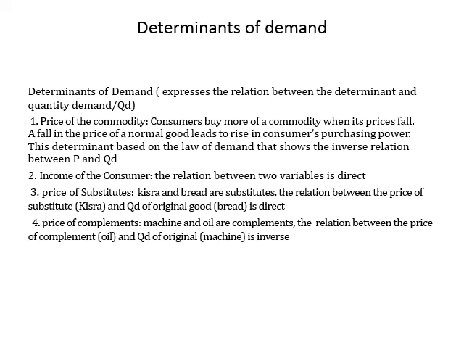High price of Kisra leads to high quantity of bread. Low price of Kisra leads to low quantity of bread. Therefore, the relation between the price of Kisra and quantity demanded of bread is direct.